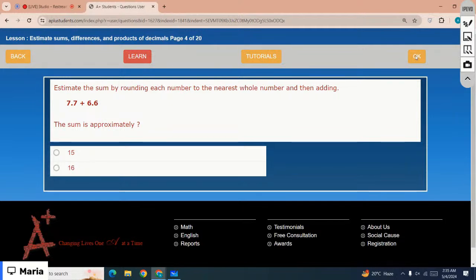So the correct option is, yes, that is 15. Option number 1 is the correct option.